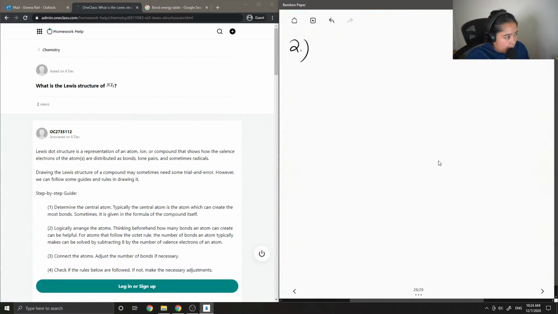Question 2, what is the Lewis structure of NI3? So nitrogen triiodide. Okay, so to write the Lewis structure, I first want to find the total valence electrons of the compound. For nitrogen, nitrogen has 5 valence electrons.